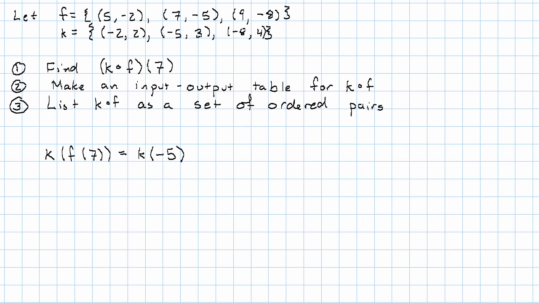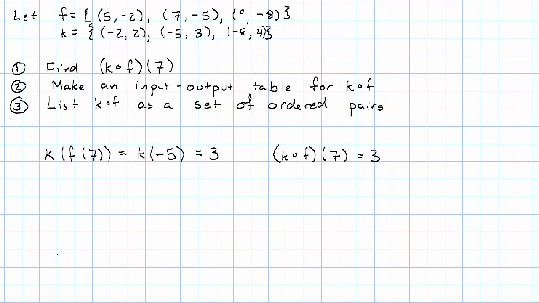Well, we see negative 5, 3. So k of negative 5 is just 3. Thus, k composed with f of 7 is just 3.